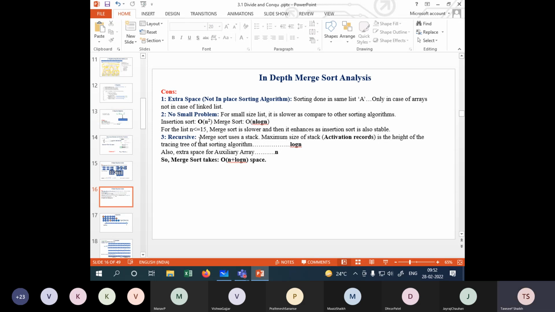And recursive, as I said, every divide and conquer algorithm follows recursion, and every recursive function needs the stack, because recursion means that we are doing depth first search. We make a root, then the root calls a subroot, that subroot again calls a subroot.